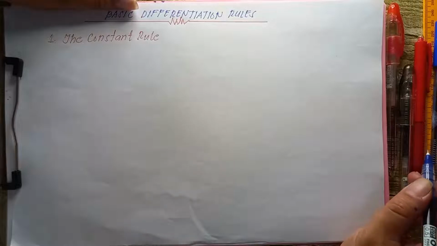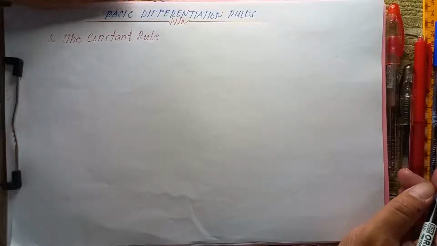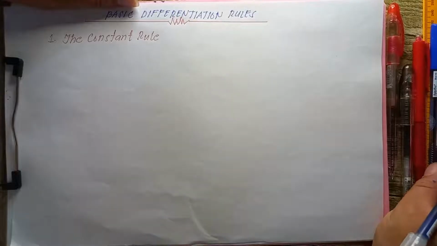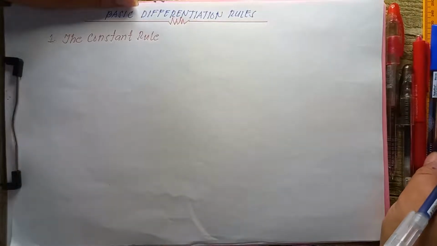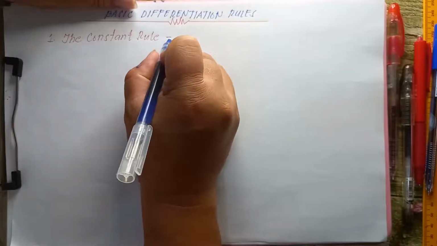Now we have here number one rule in differentiating the function, which is the constant rule. If we have a constant rule in the limit, we do also have a constant rule in the derivatives. Now what is the meaning of this one?